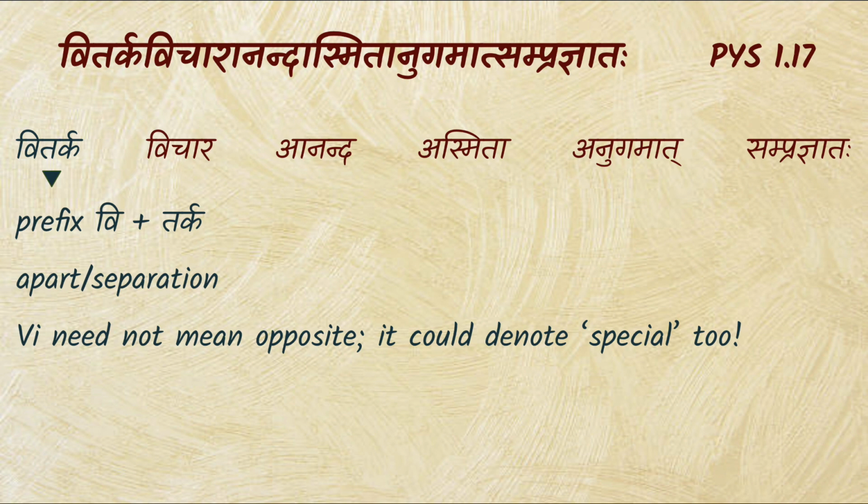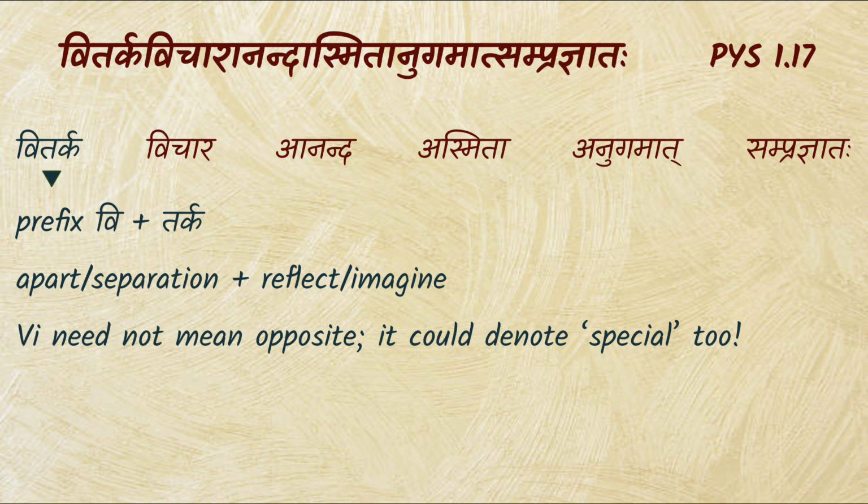Here, the prefix vi means special and the word tark means to reflect or to imagine. So, vitark here means to be mentally absorbed in deep reflection on a physical object. Note that this meaning of vitark used here is different from its meaning of negative thoughts, which Patanjali alludes to in Yoga Sutra 2.33.